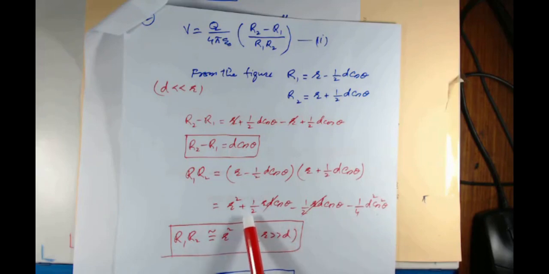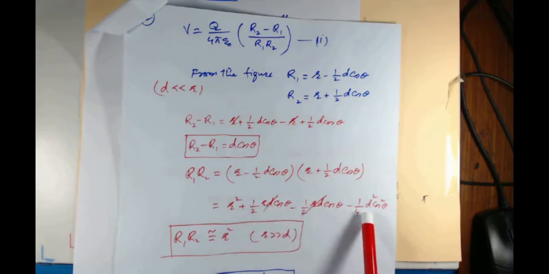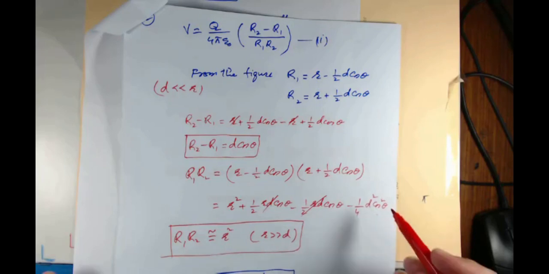Look at the signs of this term and this term: they are opposite to each other. This term is exactly similar to that one but with a negative sign, so we can easily cancel them out. And we know that r is much greater than d, so we can ignore the last term.